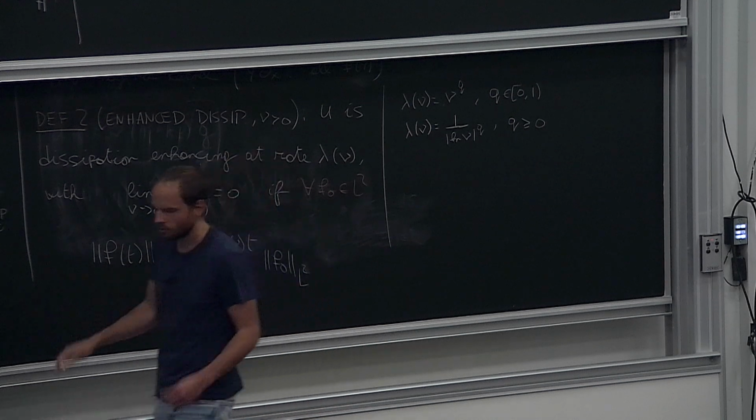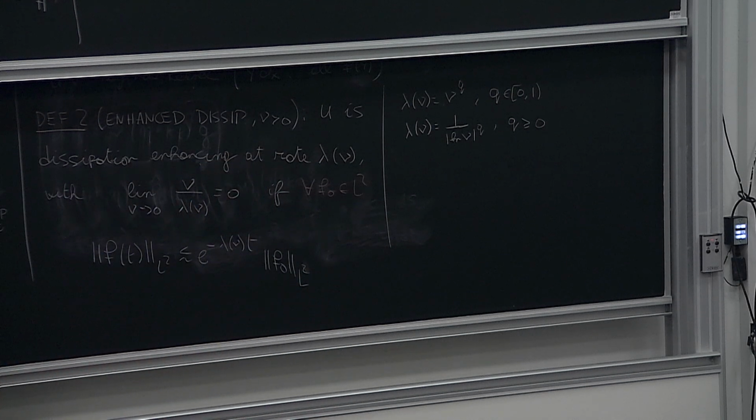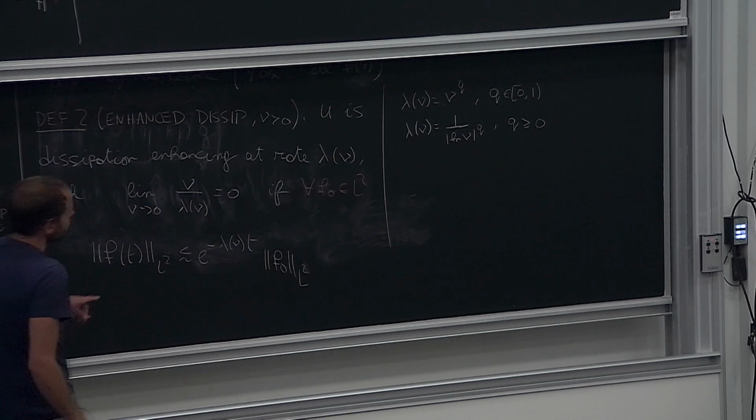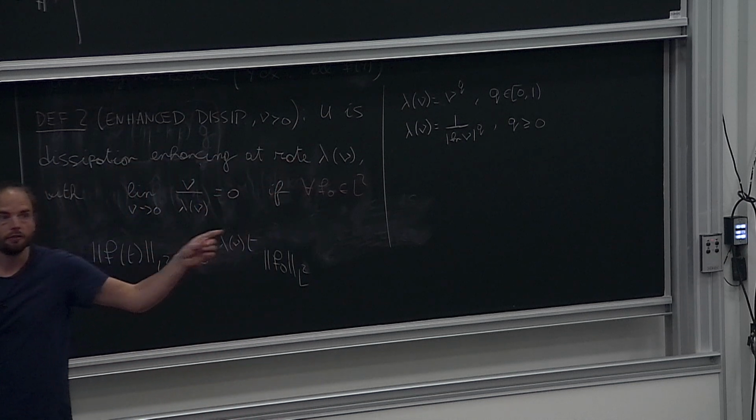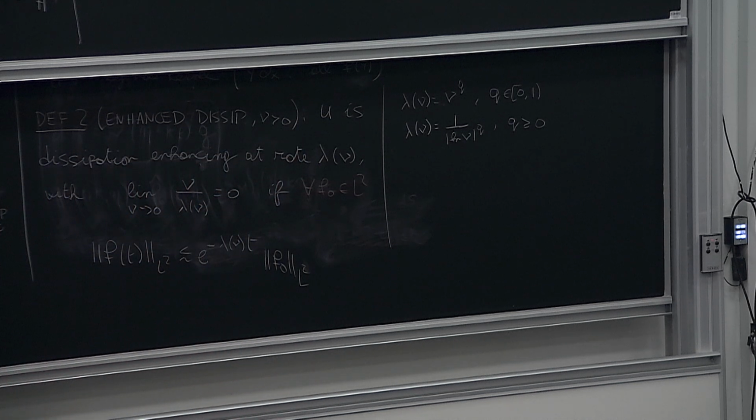So these are two things that one can have in mind, okay? So Couette is q equal 1/3 in the first case, right? That's what I was saying.